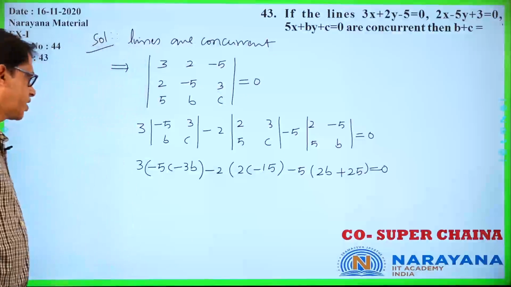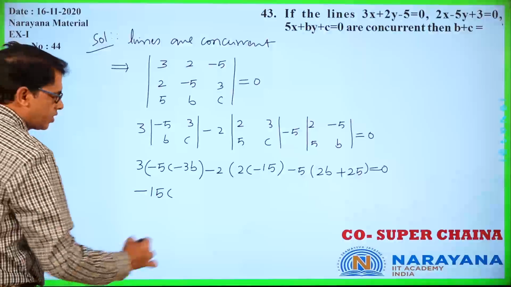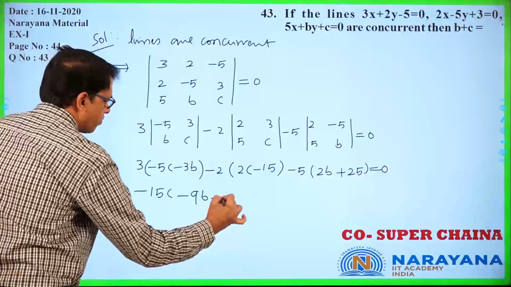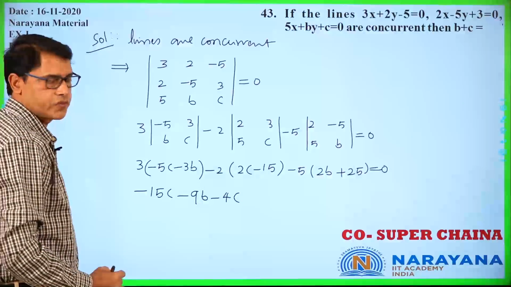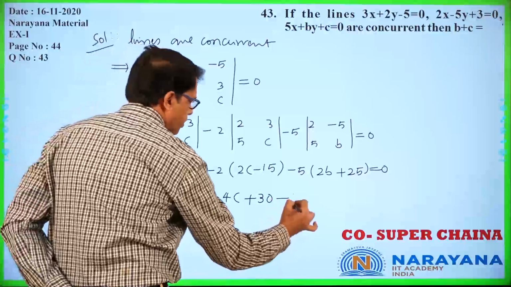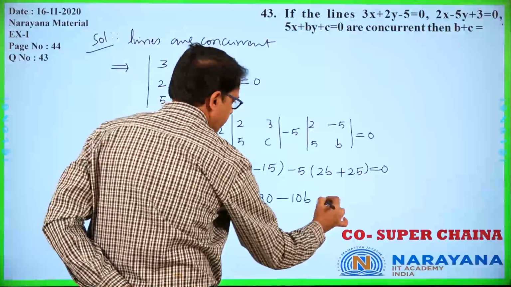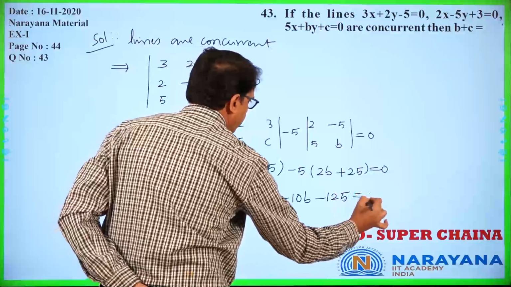Now common simplification. Here we have minus 15c, right? Then minus 9b, minus 4c, plus 30, minus 10b, okay? So minus 125 equals 0.